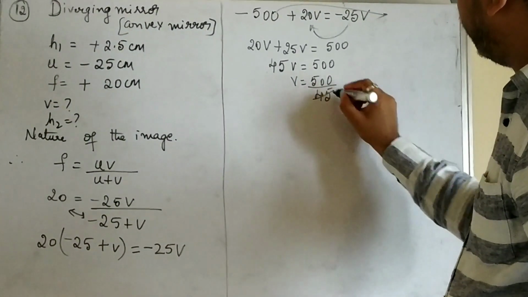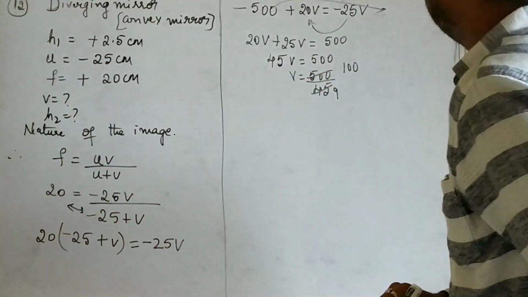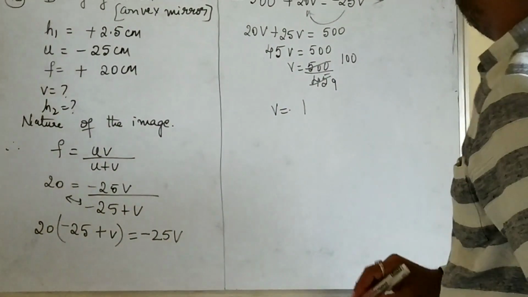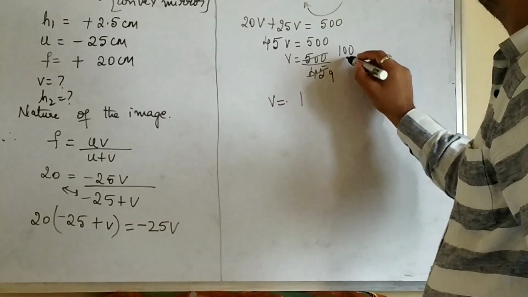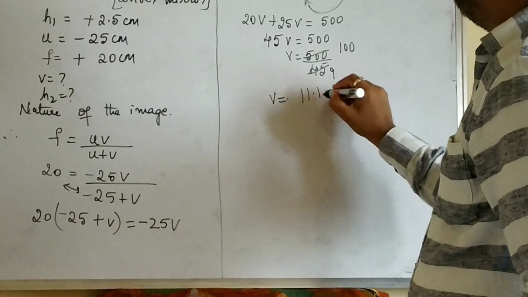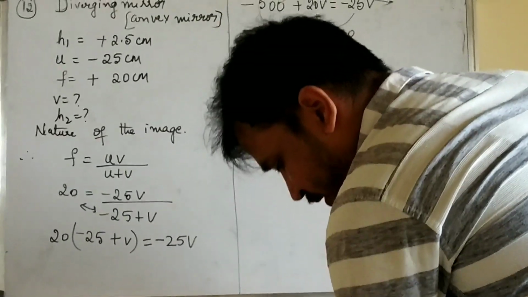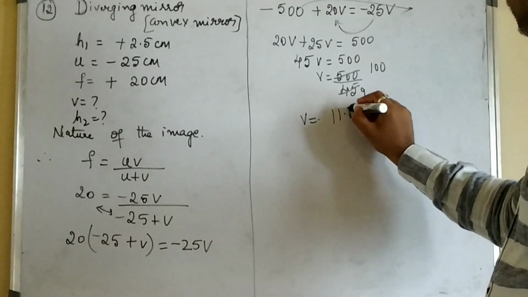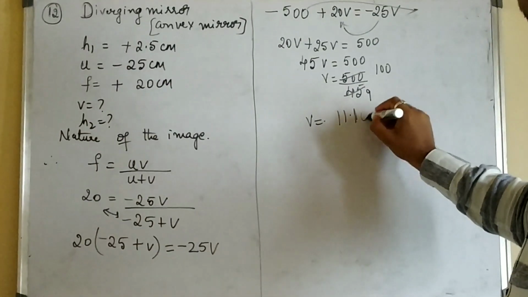So what do we get? 9 fives are 45. So v is equal to what? 11.1, recurring. Okay, so you get 11.1. The dimensions are in centimeter, so it is centimeter.